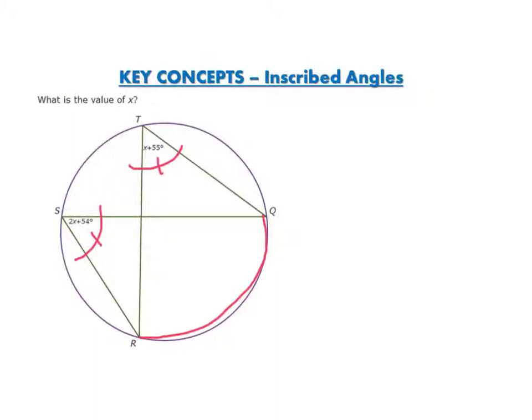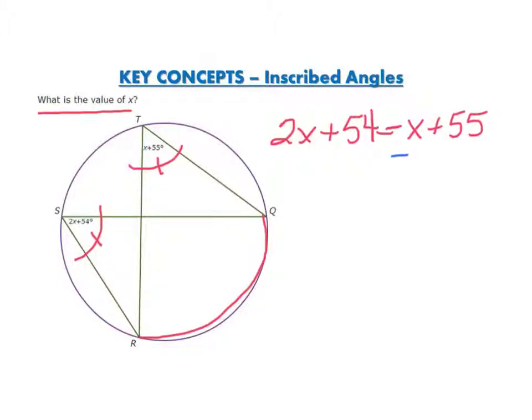The question is, what is the value of x? Because these are congruent, I make them equal to each other. So I have 2x plus 54 equals x plus 55.